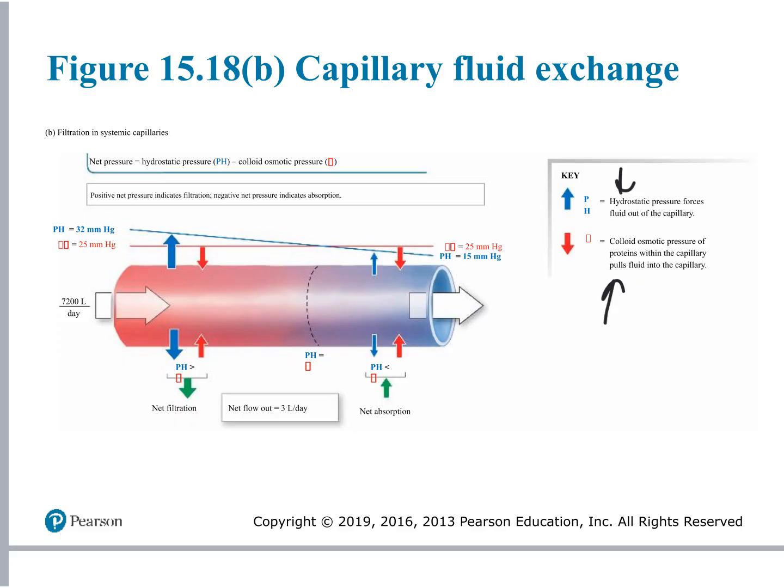So at this point, whenever osmotic pressure is higher than hydrostatic pressure, now we have a net force of bringing fluid back into the circulation. So filtration pressure is higher on the arterial end, filtration pressure is lower on the venular end. Osmotic pressure stays the same.